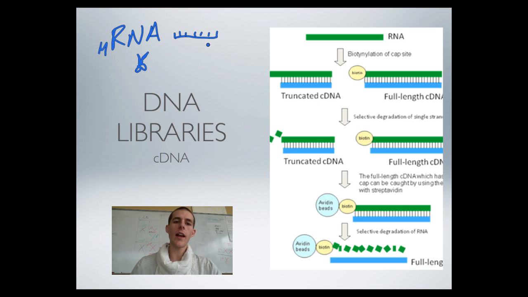They will take that mRNA and then, using reverse transcriptase, we talked about that from HIV, they will use reverse transcriptase to use this mRNA to build a copy of cDNA. So this would go and it would match up, complementary base pairing, except for rather than building RNA off of DNA, we are building DNA off of RNA.